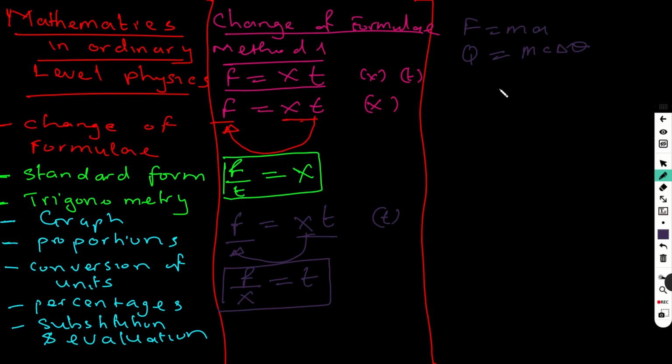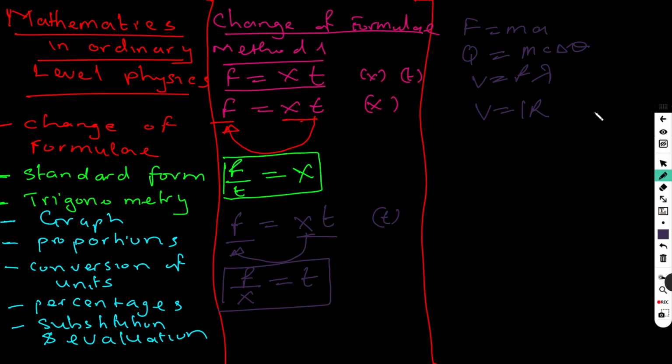We have velocity is equal to frequency times lambda. We have voltage is equal to current times resistance, like this. So they'll be giving equations like this.